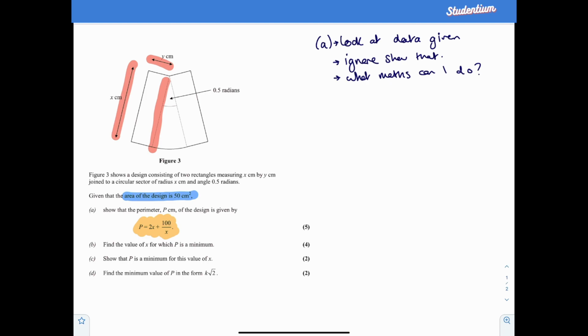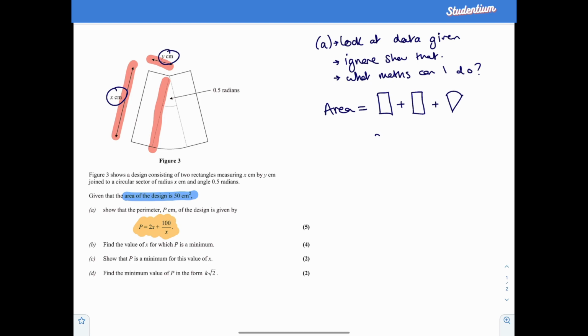Okay, so let's work out the area. The area consists of two rectangles and a sector. We know that the area of a rectangle is base times height. Looking at the particular rectangles we have here, that is going to be x times y.